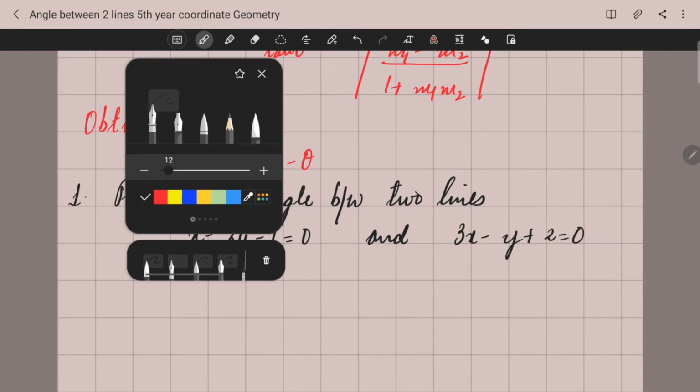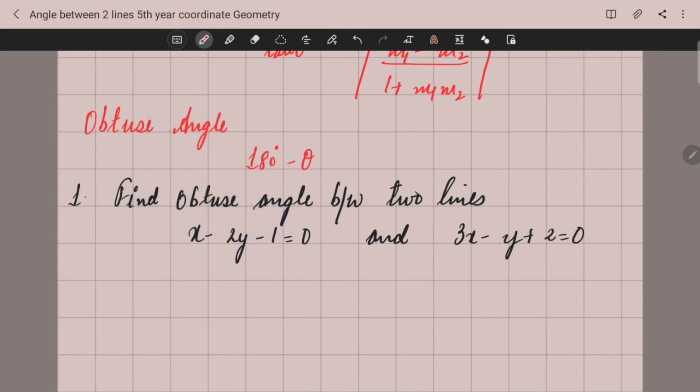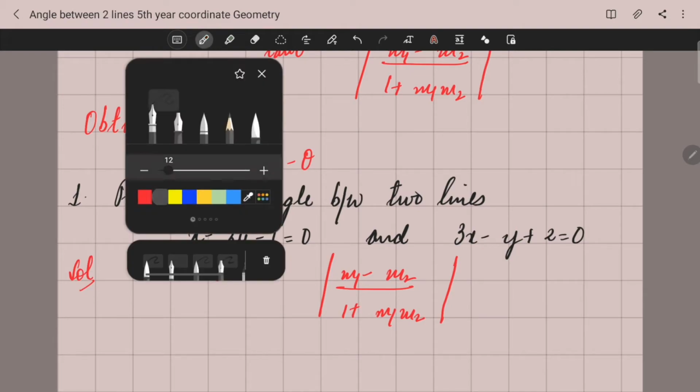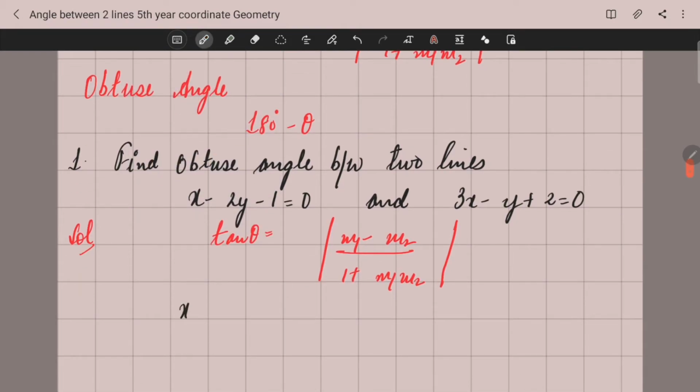Before starting the equation, first of all we write formula for finding the angle between two lines. Like we know the formula, tan theta is equal to modulus of m1 minus m2 over 1 plus m1 m2. m1 is slope for line L1 and m2 is slope for line L2. First of all we write line L1, x minus 2y minus 1, and for finding the slope, which formula will we use? y is equal to mx plus c.